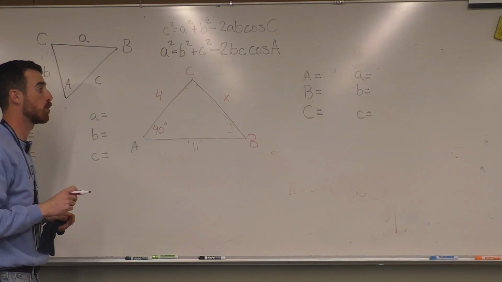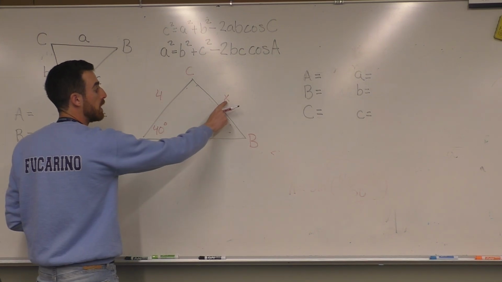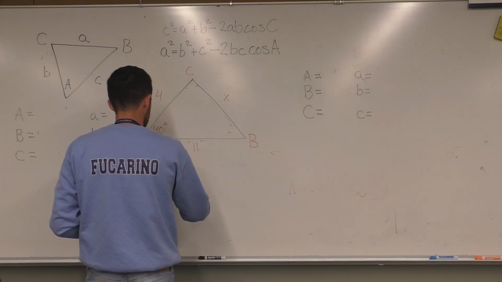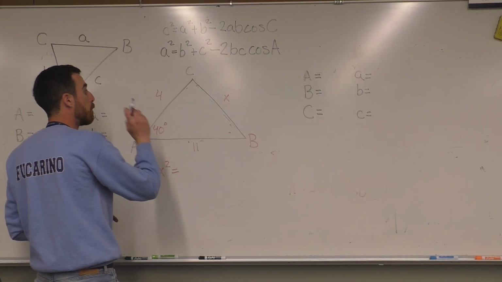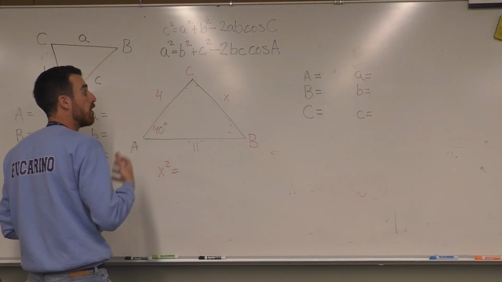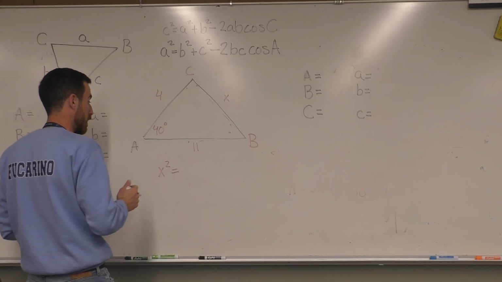But this is a perfect situation to solve for a side using the law of cosines because the opposite side, I'll write it as an x. I think you really got to get over the whole A, B, and C representing particular sides of a triangle. They are not special. Most of these triangles are scalene. They're all just different side lengths.